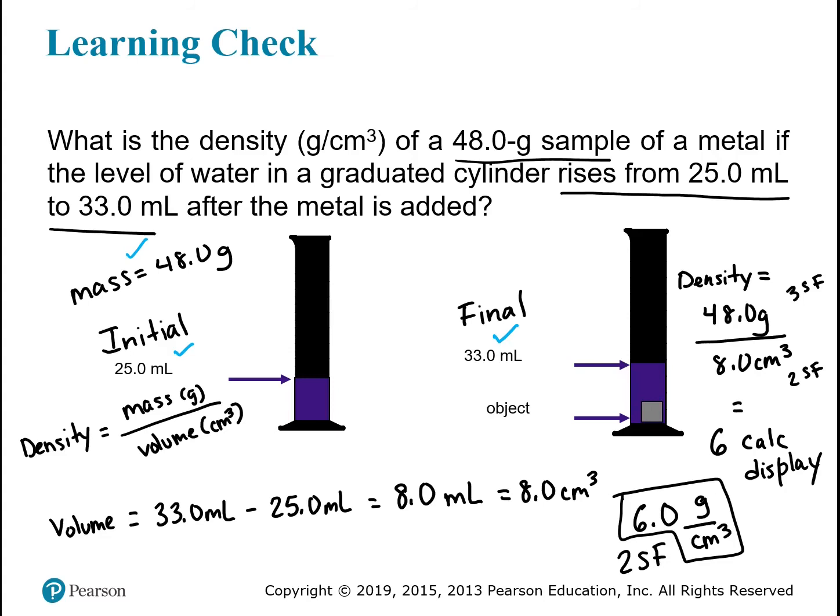The last piece of information we had to bring to the table was our knowledge of what density is, and it is the mass divided by volume. To figure out the volume, we used volume by displacement and just subtracted the initial from the final. That gave us 8 milliliters. We can rewrite that as 8 centimeters cubed. Then you take that volume, plunk it into your density equation, and there you go.